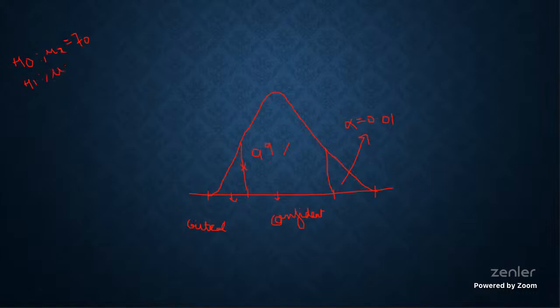H1: mu is greater than 70. Previously it was equal to, now it is greater than.